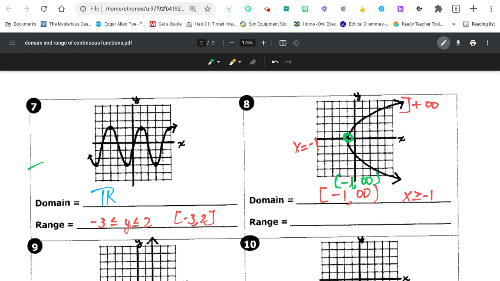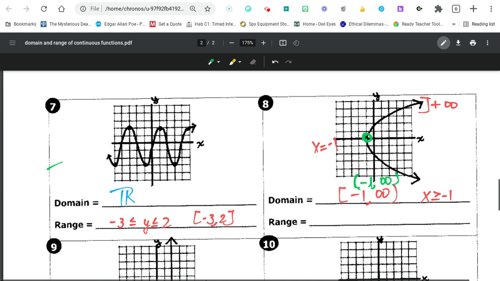Whenever you see an open circle, you're going to use parentheses for interval notation, or just put x greater than -1. But that's only if I give you, I think I'm thinking tomorrow I'm going to let you do more practice with continuous functions. Find a domain and range of continuous functions. But you may see these little open circles. That means don't put equal to if you write it in written notation. And don't put a bracket. Okay, if you see a little open circle on it. Just FYI. Okay?